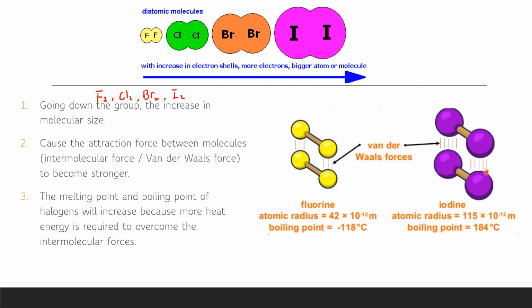Iodine has a bigger molecular size, so the intermolecular force of attraction between iodine molecules is stronger than fluorine. So in order to overcome the force of attraction between iodine molecules, we need to supply more heat energy. More heat energy is required to overcome the intermolecular force of attraction between iodine molecules during melting and boiling.